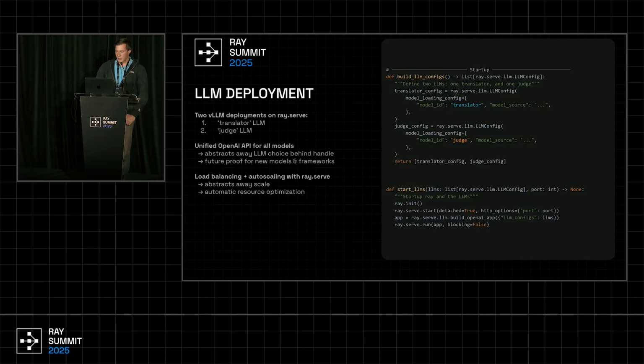So what we get for free is the load balancer, the autoscaling, and the continuous batching that vLLM implements. We have now effectively abstracted away the choice of language model behind a very efficient implementation that scales in terms of replicas and implements efficient inference without having to worry about which language model it actually is.